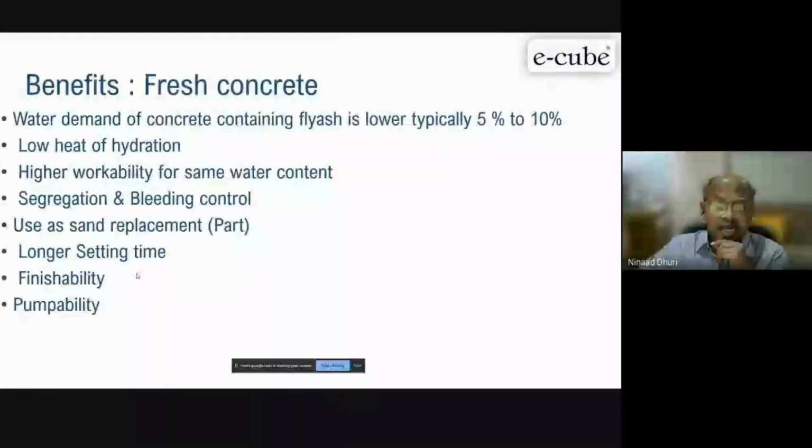But if you say 90 days or 180 days or after 1 year, the OPC fly ash concrete will have very high strength compared to 100% OPC, because OPC will hydrate around 90-95% up to 28 days. But here it will hydrate only about 80% or 75%. So later age strength is very, very high in this.